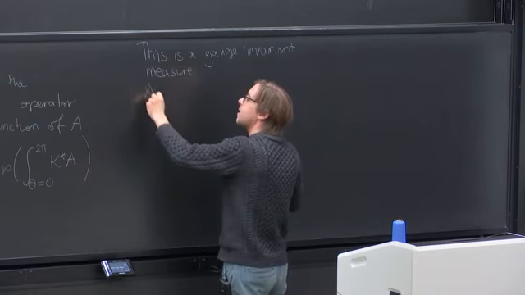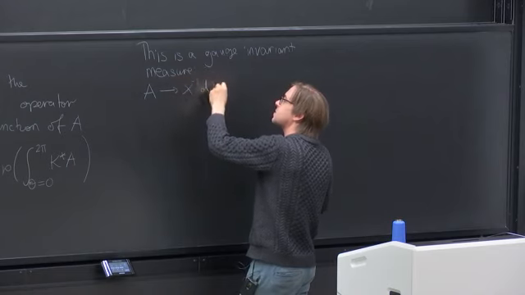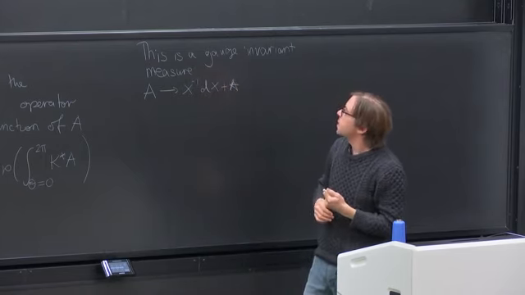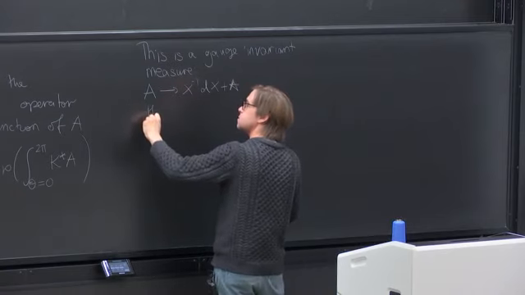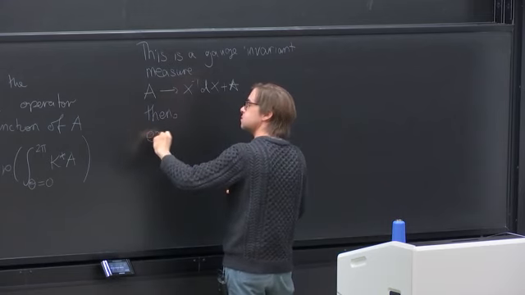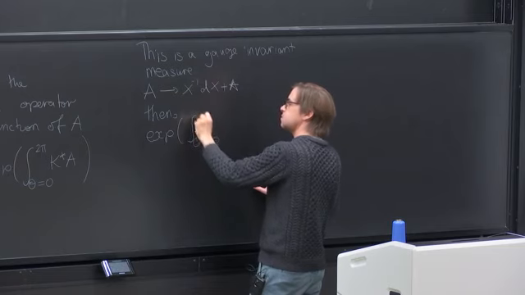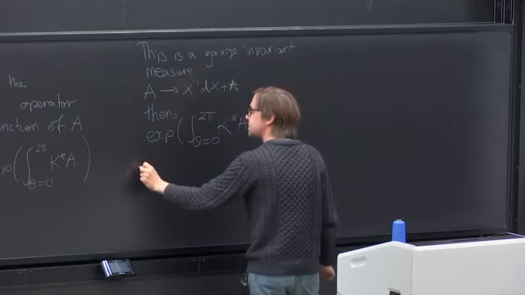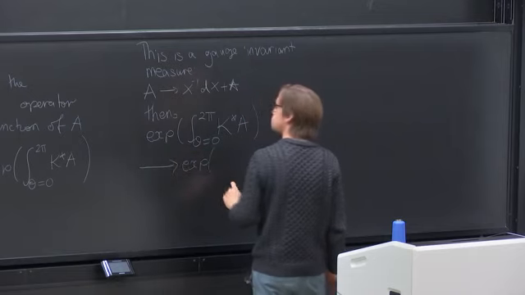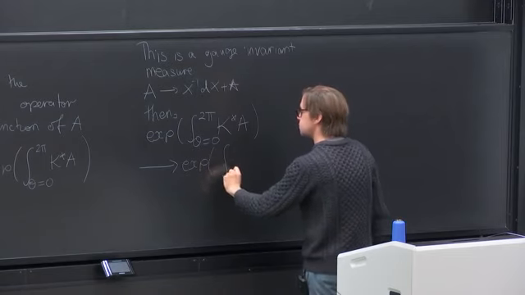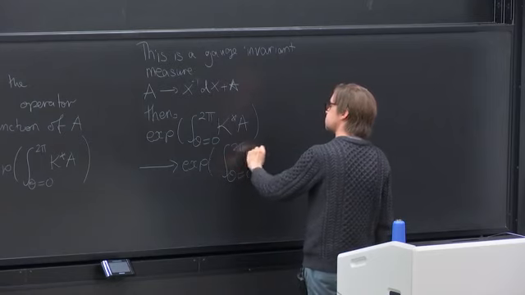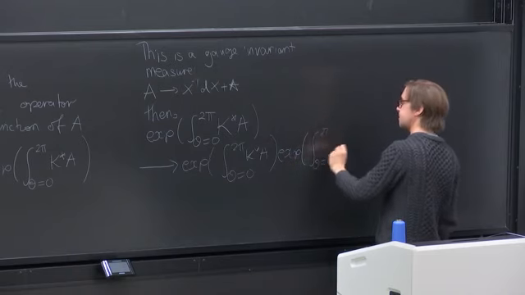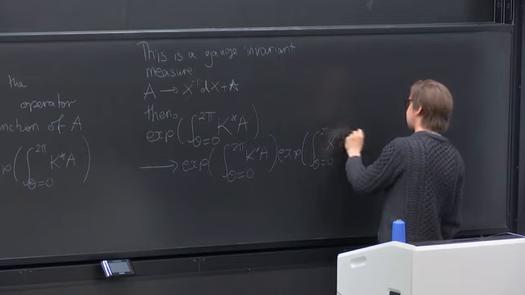If we send A, it's sent to x inverse dx plus A. This gets sent to the same thing, and then I multiply by the exponential of the integral from theta equals 0 to 2 pi of x inverse partial theta x.